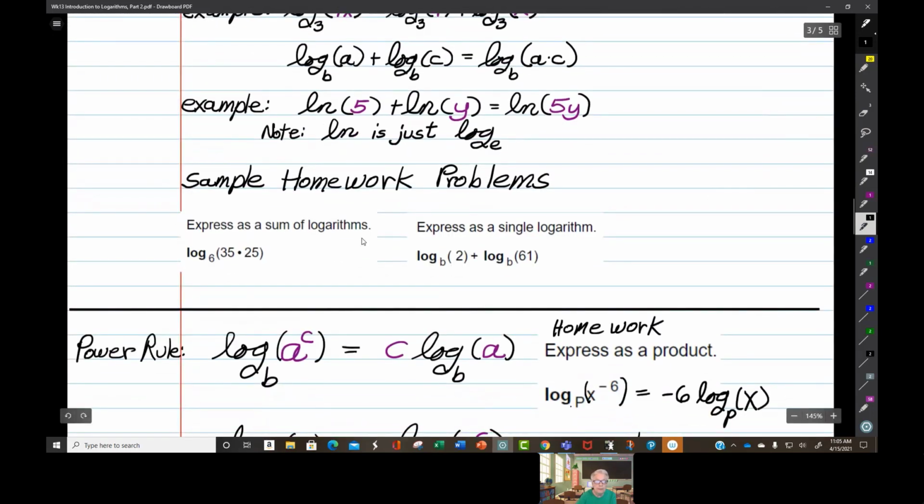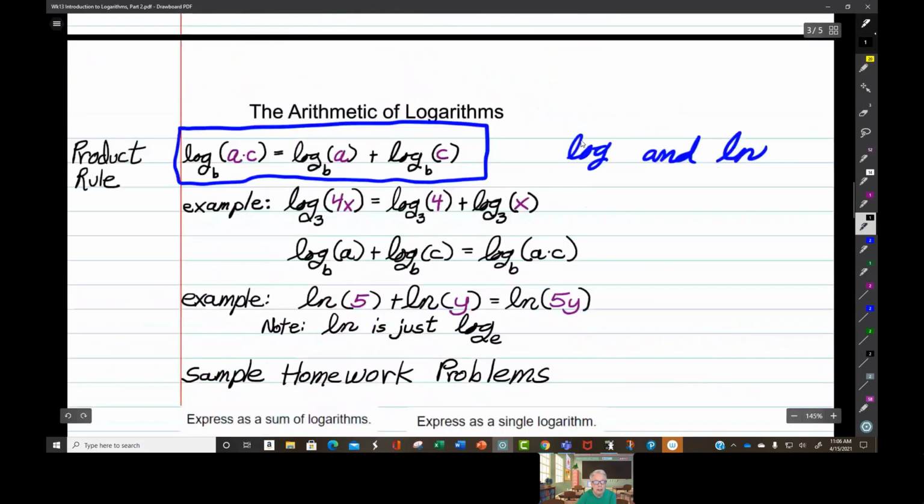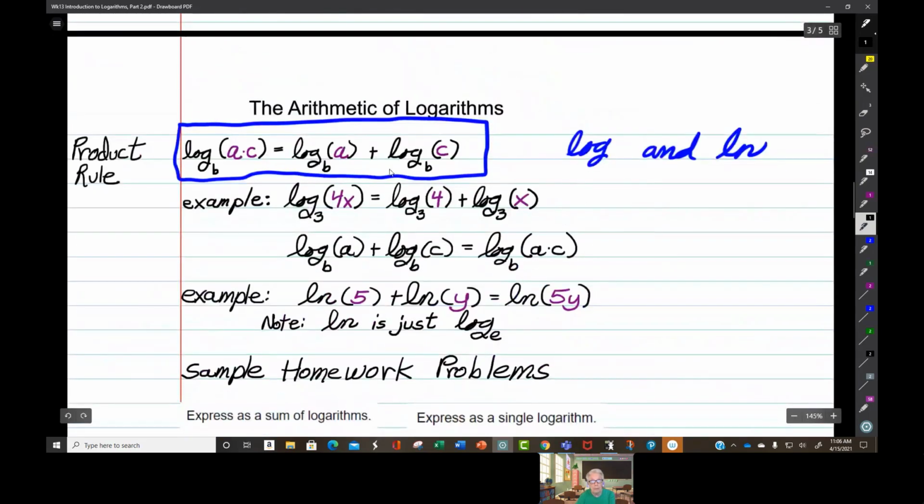All right, now here are two of your homework problems. Log base 6 of 35 times 25. They don't want you to multiply the 35 times 25. What they want you to do is write this in this form using the product rule.